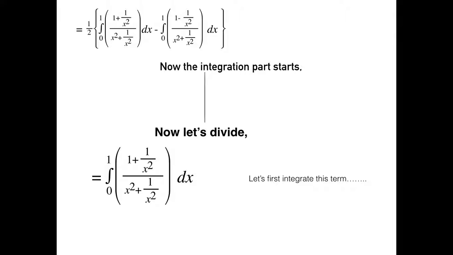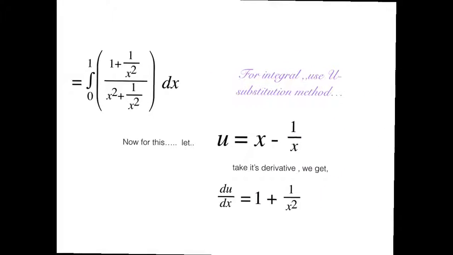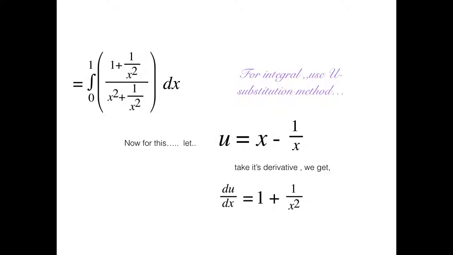Now you have to integrate the first one. The first one is 1 plus 1 by x squared by x squared plus 1 by x squared, so that can be written as the integral. Now use the u substitution method for the integral.